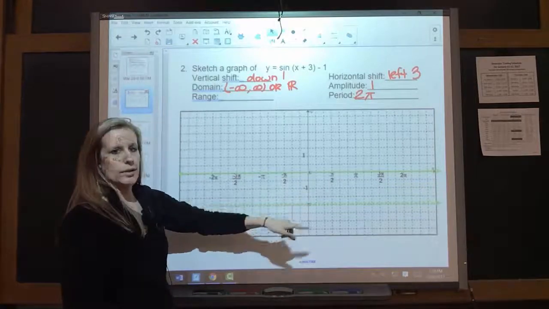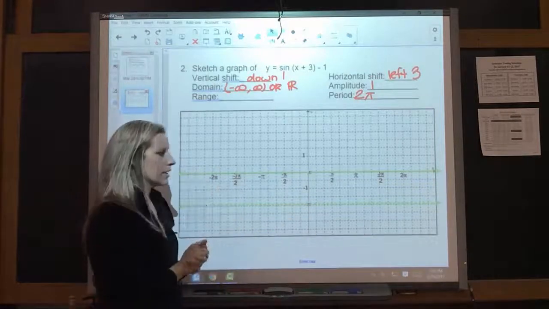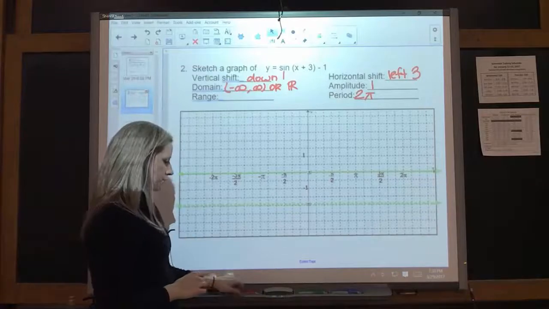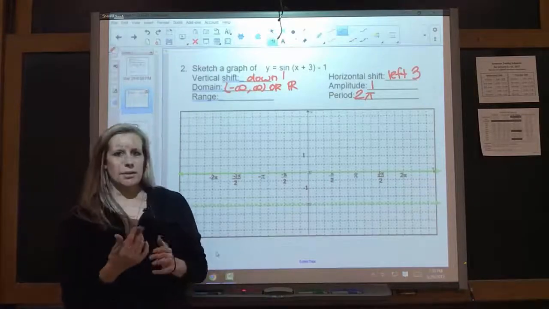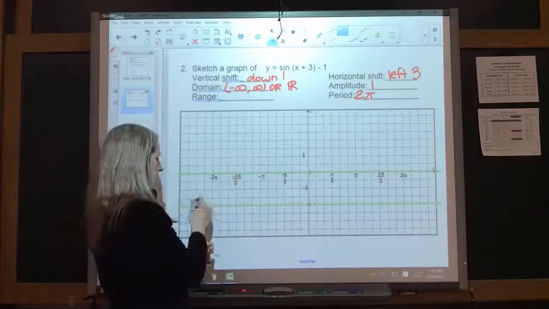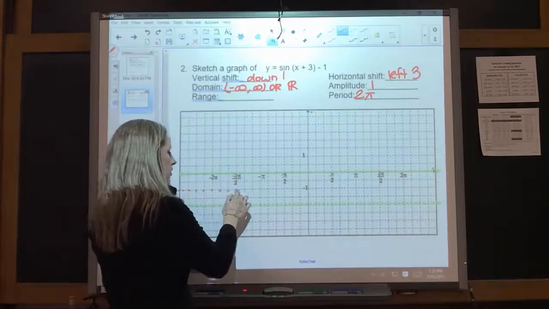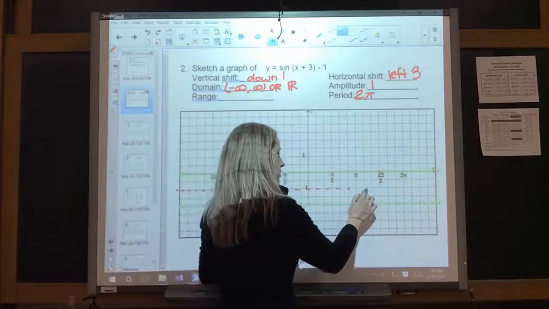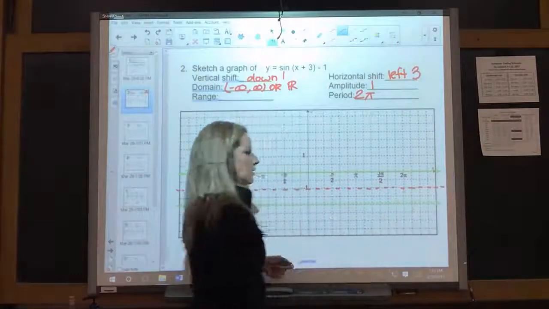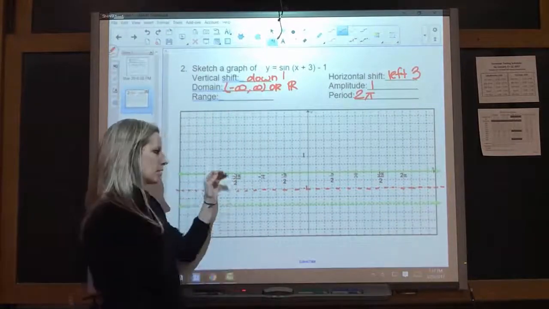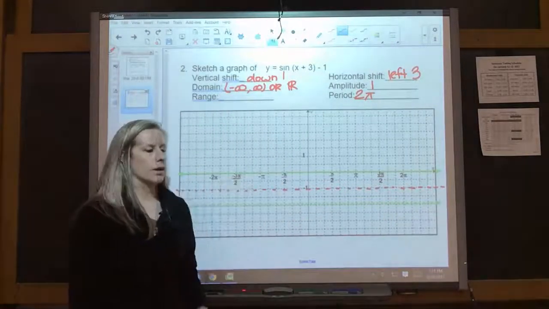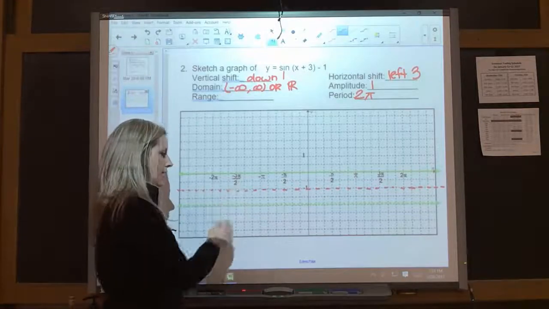It moved down 1. So go ahead and draw those dotted lines. I've also found that if you want to draw a dotted line in the middle, that's been helpful to me too. Like I said, just one less thing to think about. I'm just going to hit these dotted lines. So you can do that if you want to put a line in the middle.